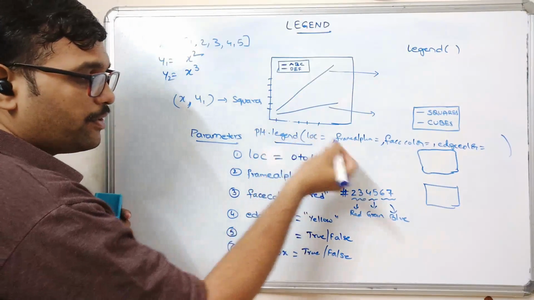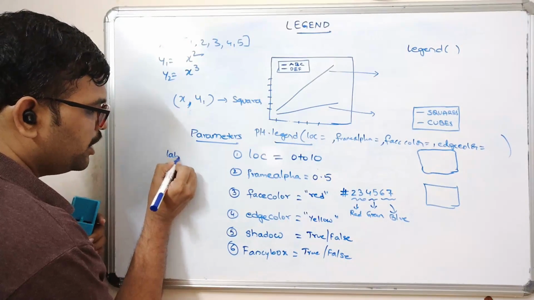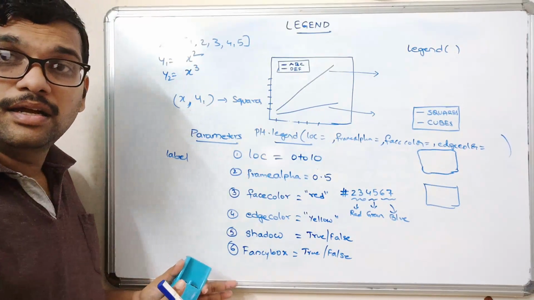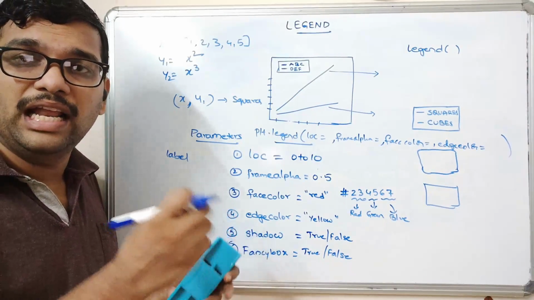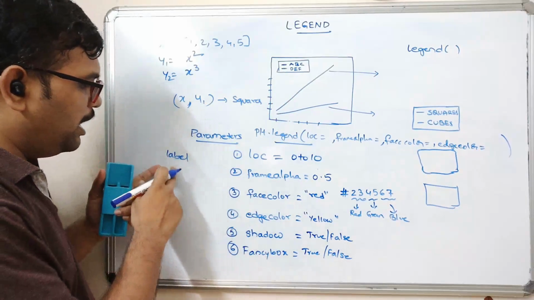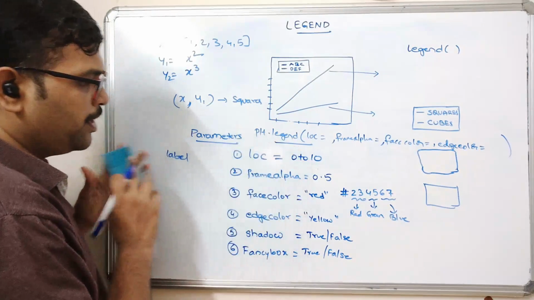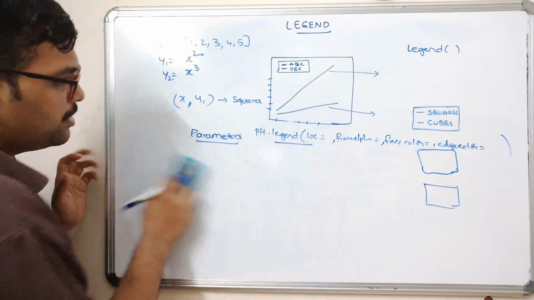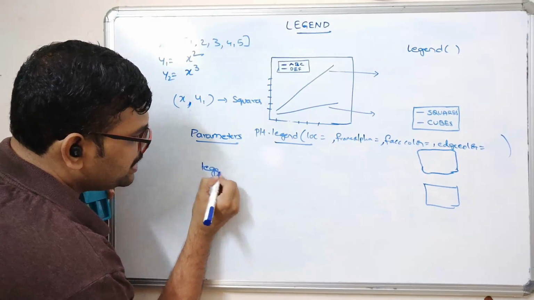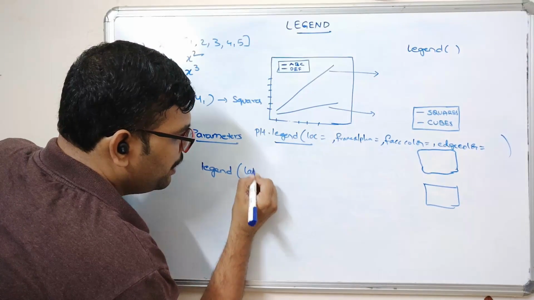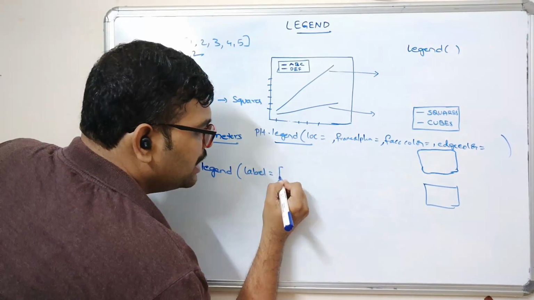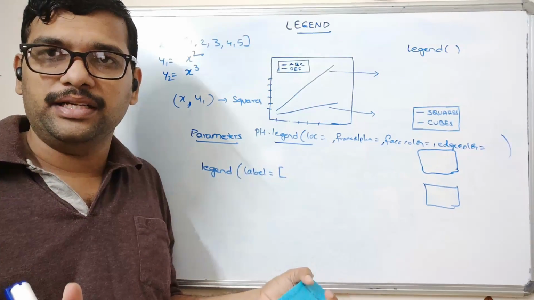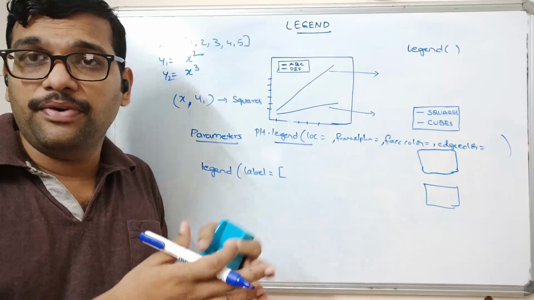Apart from this, we also have the label. Here also we can give the label inside the legend. If you are not able to give the label in the plot, you have to use the label parameter inside the legend. In order to represent the two lines, you can use legend label is equal to a list of strings to represent the labels for multiple lines.